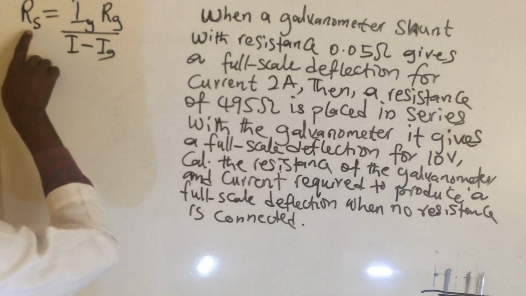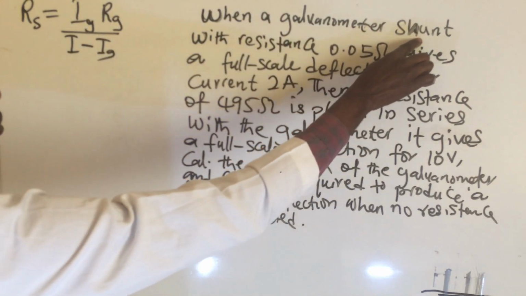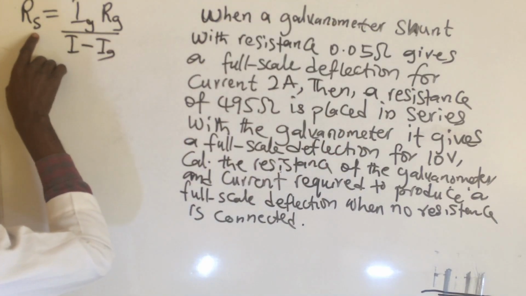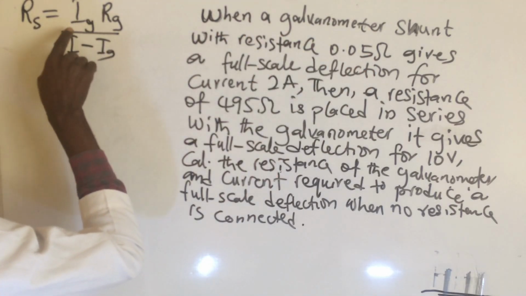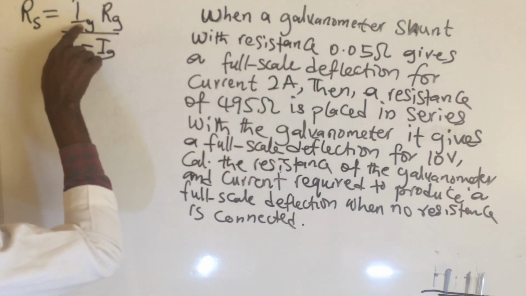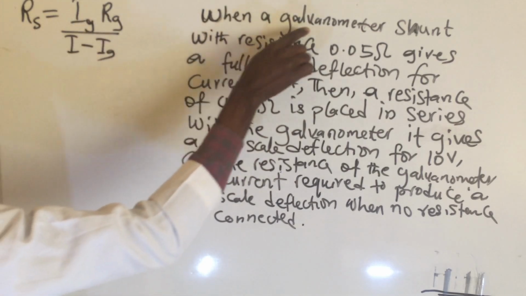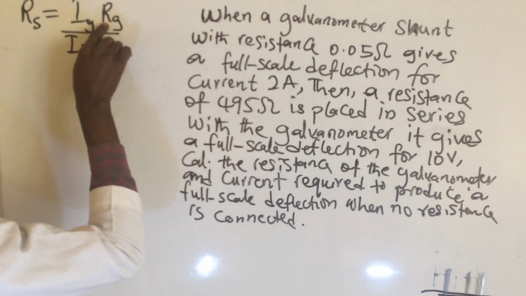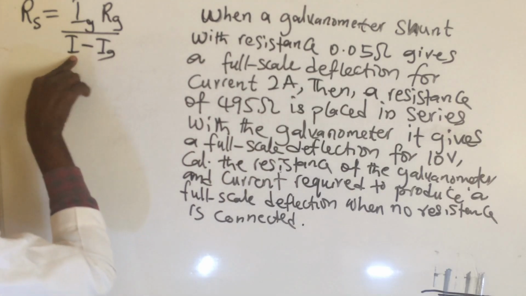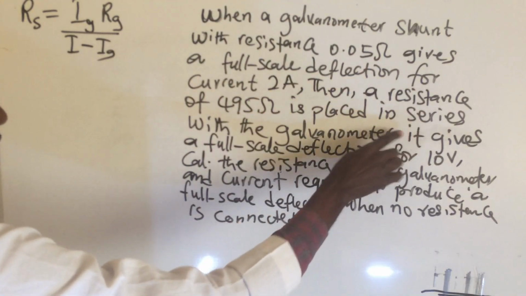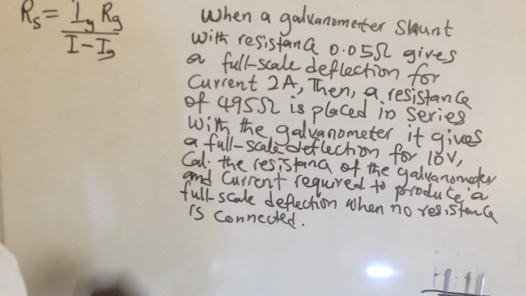This is the shunt we are talking about, okay? This is the formula if you want to calculate it, but it's already given here. So this is the shunt, this is the current of the galvanometer, and this is the resistance of the galvanometer we are looking for. This one is the main current it has measured, given here as 2 ampere.